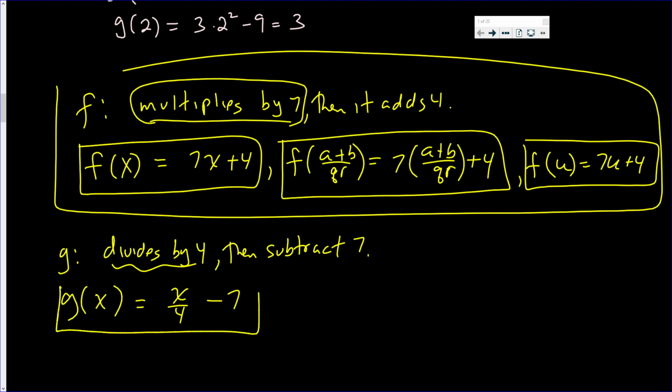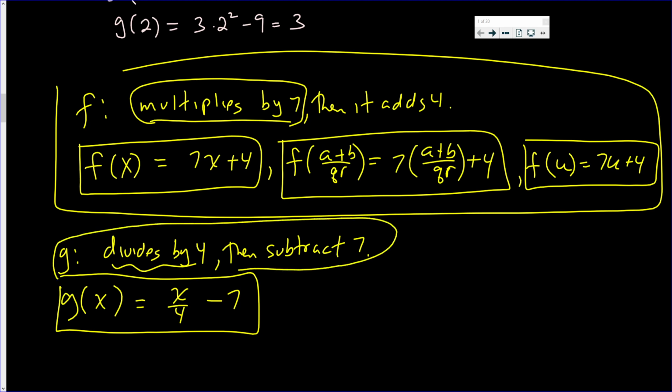The question is to find the rule for g in mathematics. Here, I give you the rule for g in words, and I ask you to express it in mathematics. Maybe you like the letter T. You divide it by 4 and then subtract 7.